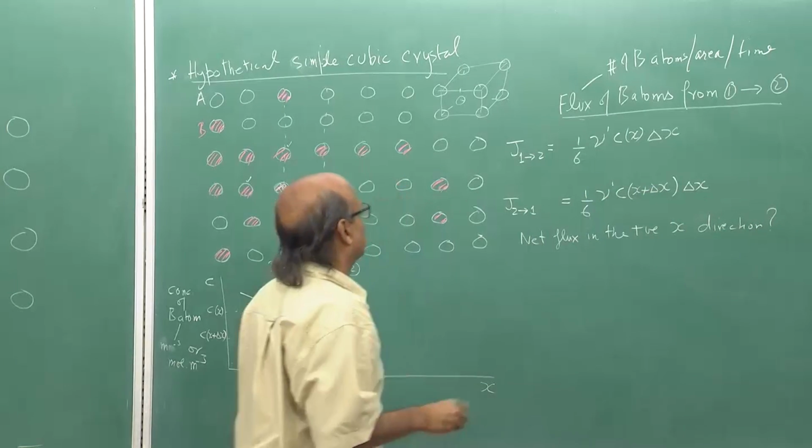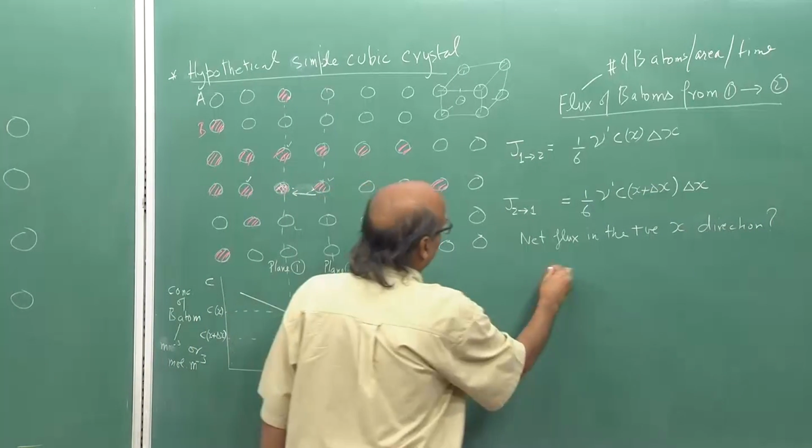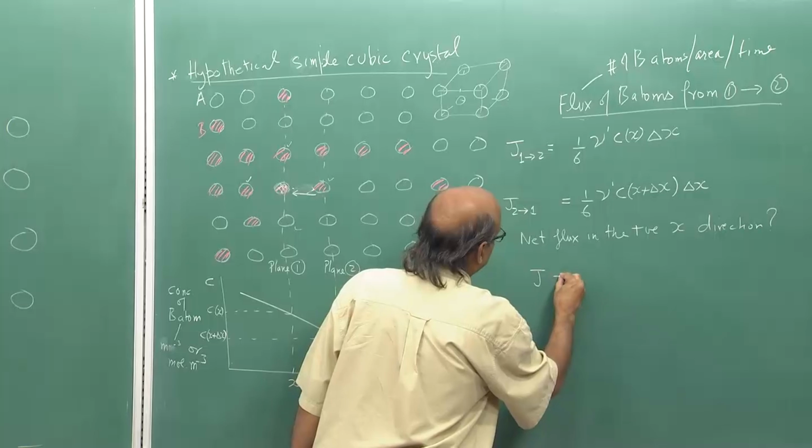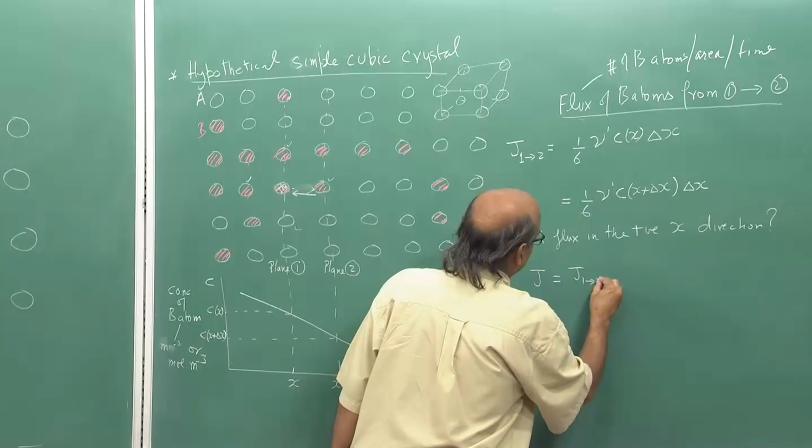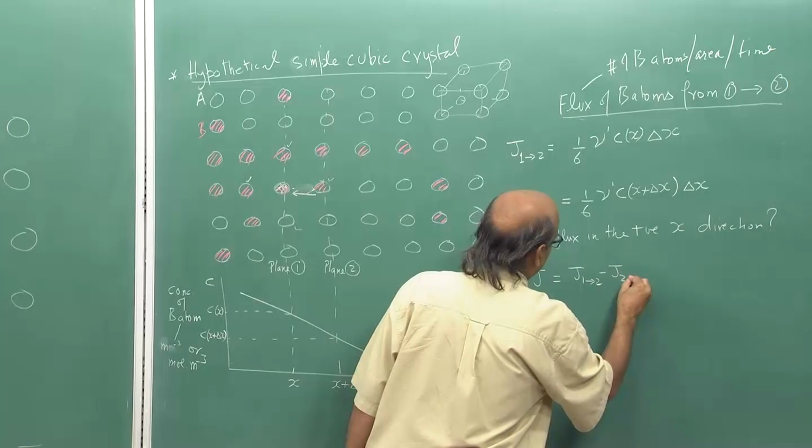So, the net flux in the positive x direction, let me call that J, then clearly this is J1 to 2 minus J2 to 1.